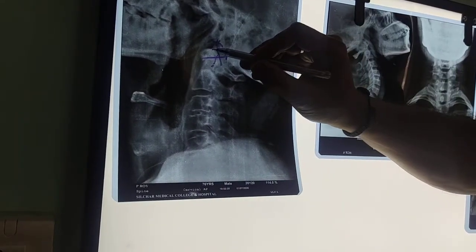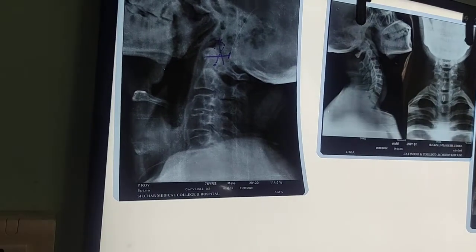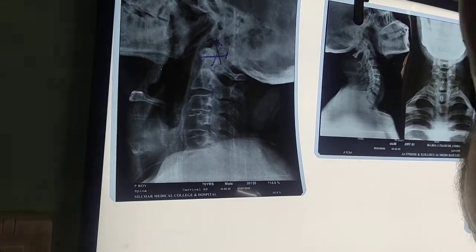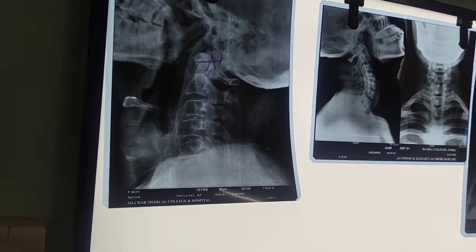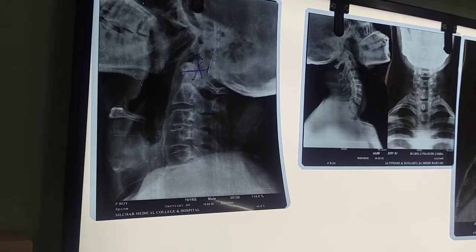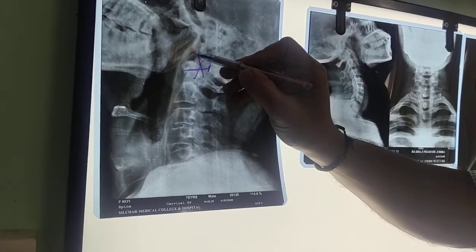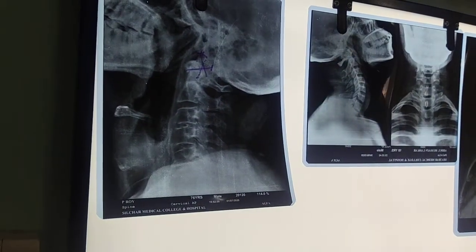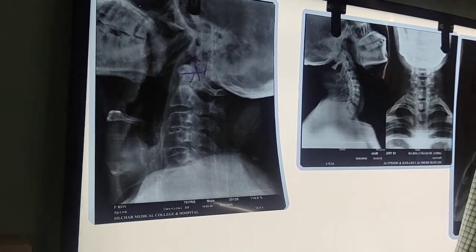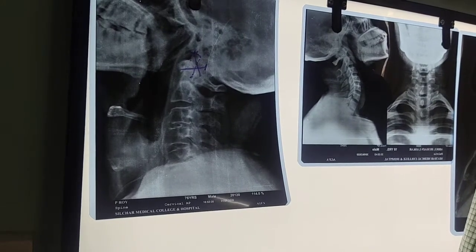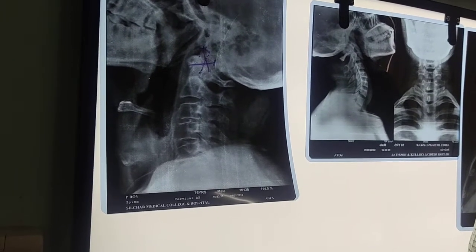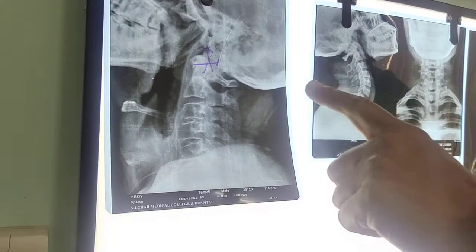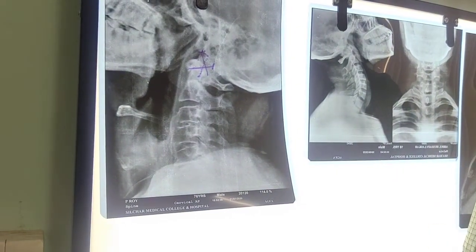Now this point and this point are most of the time 12 millimeters. Yes, sir. So this point is 12, this point is 12. This is called Harris rule of 12. One is Powers ratio, which is 1:1. Another is Harris rule of 12.